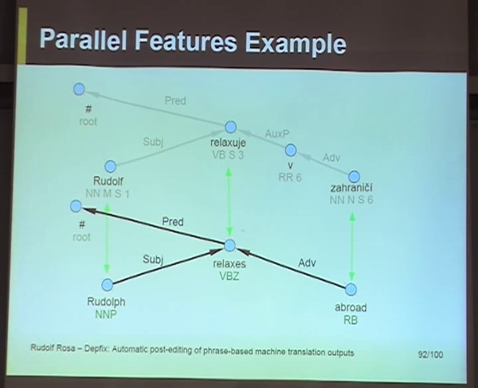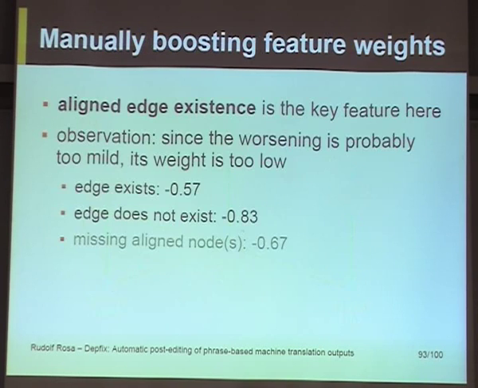So we only add it as a feature for the parser, so it will get some probabilities and hopefully choose the correct thing. Yeah, this is quite a hack. This aligned edge existence is the key feature where we project the English tree into the Czech sentence.